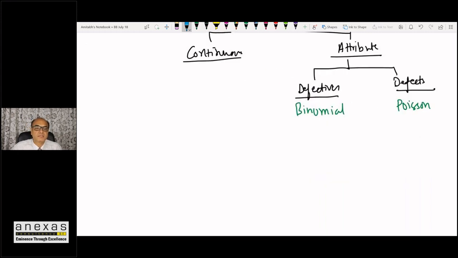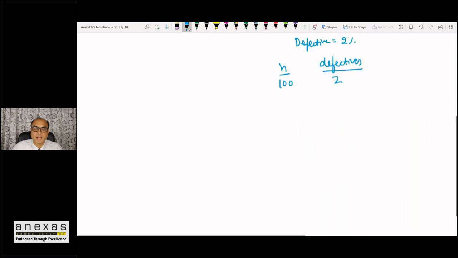So binomial means, suppose my quality is such that if I collect a sample size of 100, I'm likely to get how many defectives? Approximately 2 defectives.